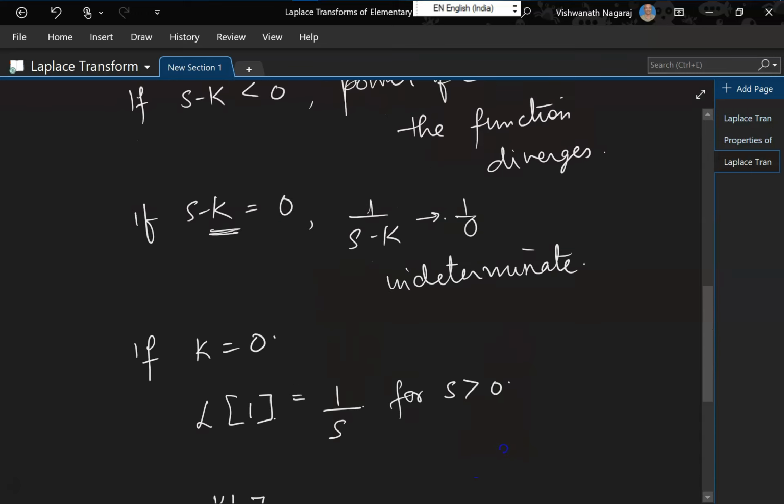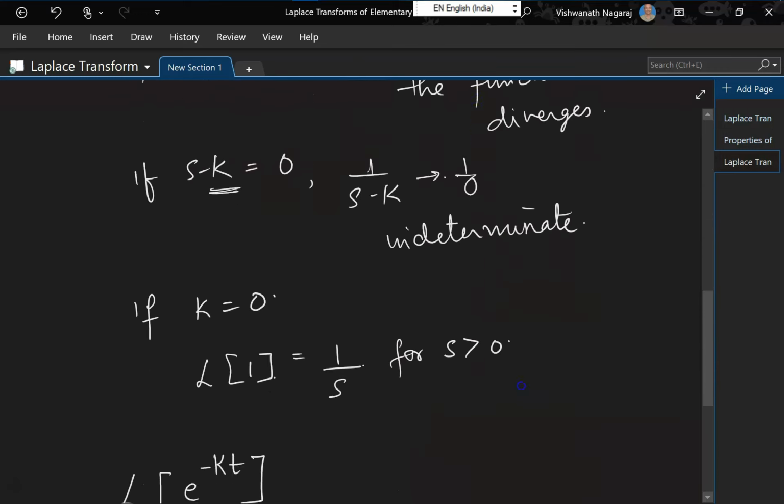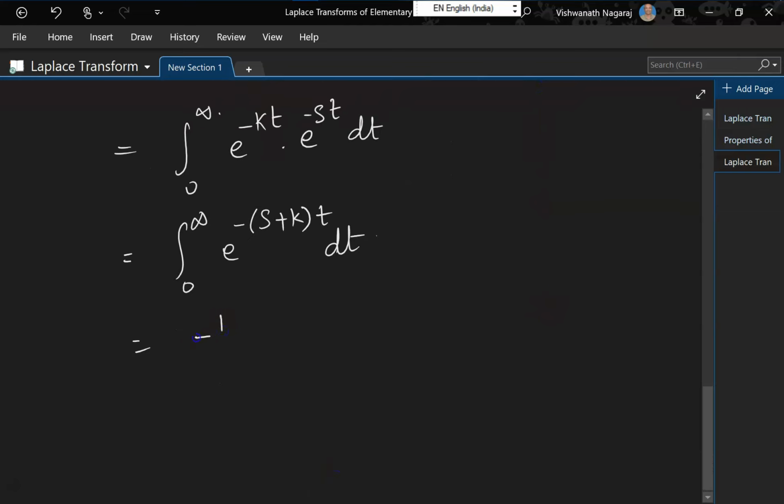The same pattern emerges, instead of s minus k, we have s plus k. So this would be 1 by s plus k. Again, remember, s plus k has to be greater than 0. This is one you have to remember: Laplace of e to the power of minus kt.